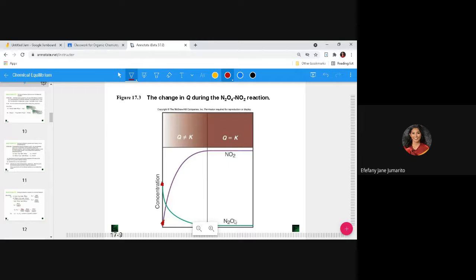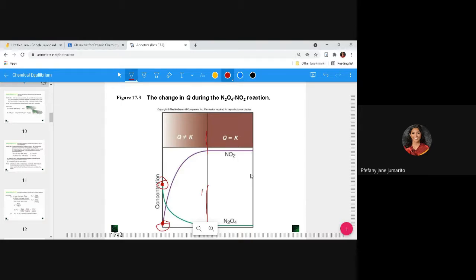As you can see here, they meet again here. So K is a special value of Q that occurs when our reactant and our product concentrations have their equilibrium values. So even if N2O4 has a higher concentration and our NO2 has a lower concentration, it will still proceed to equilibrium.